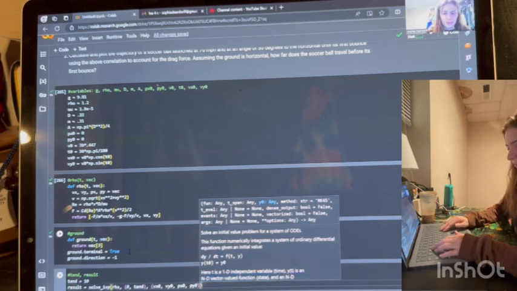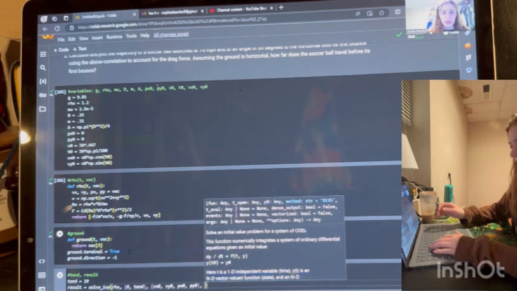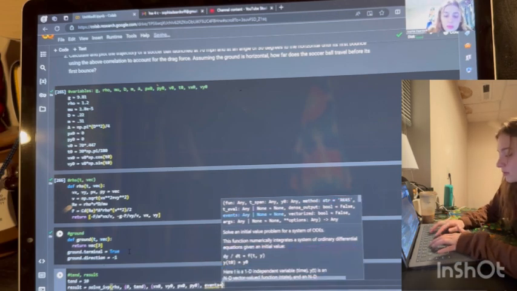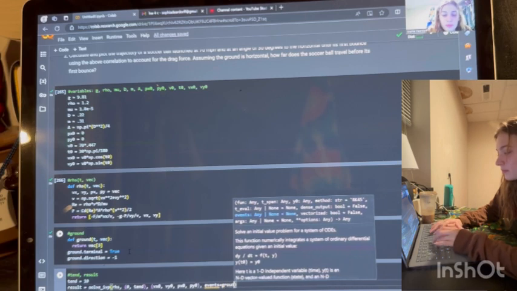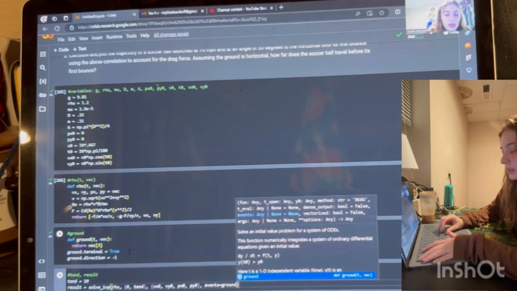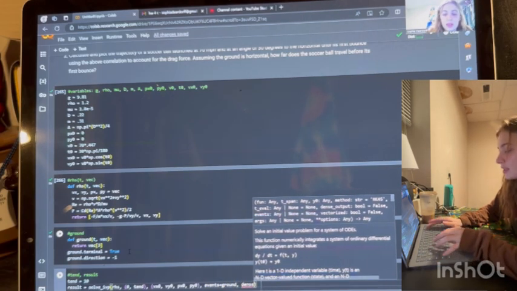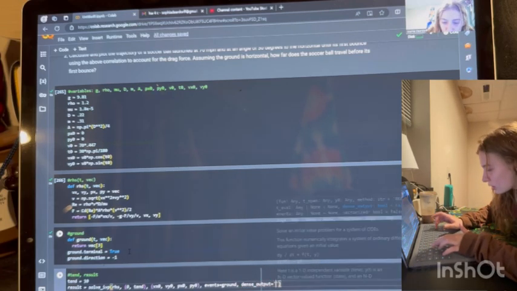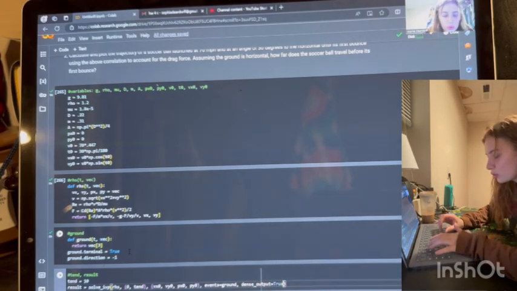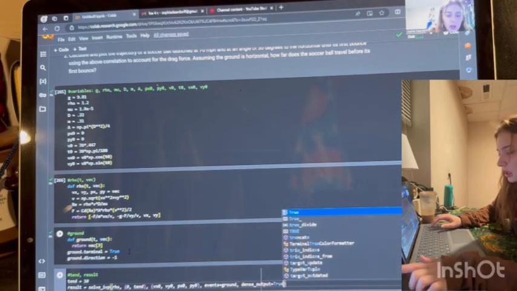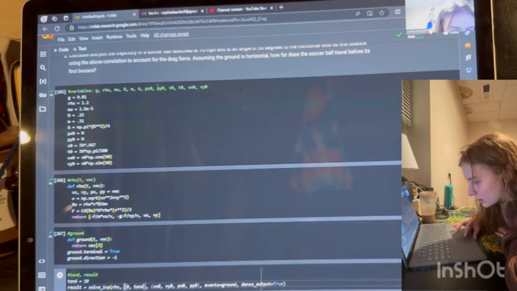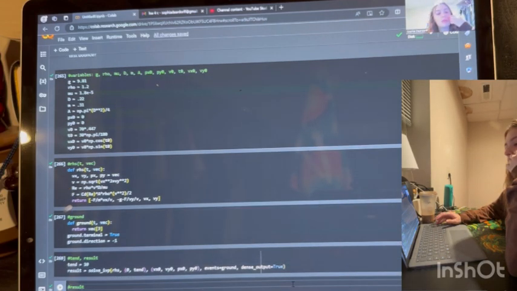And then here we're gonna include events equals ground, and then we include our dense output is equal to true, and then let me review this real quick. I don't think I got any typos right now.